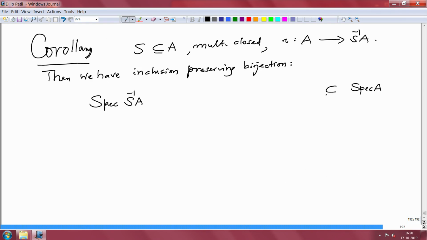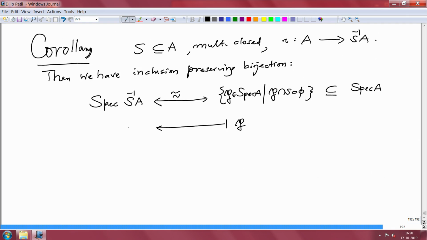So a subset, which subset? All those prime ideals P in spec A such that P intersection S is empty. This is a subset, and what is the map here? This is actually a bijection, and both this map and its inverse preserve inclusion. P goes to S inverse P. Then we have inclusion preserving bijections which are inverses of each other.